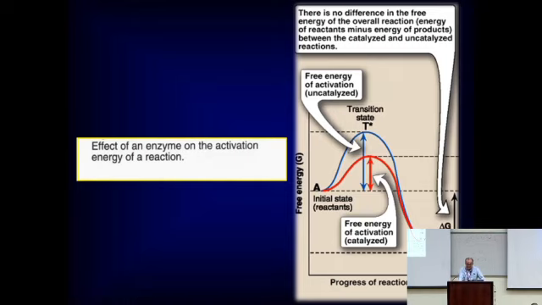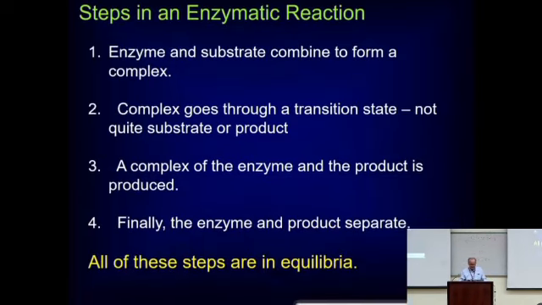So that's exactly what enzymes do. They reduce the activation energy required for going from A to B. They don't change the energy of A or B, but just the activation energy required, and hence they change the rate of reactions. Okay? So you want to understand that.